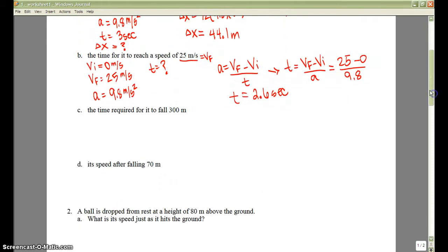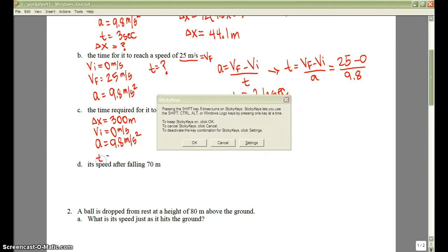For part C, we want to know how much time is required for it to fall 300 meters. So that 300 meters is our distance, our delta x. We still use the same initial velocity given at the beginning of the problem, 0 meters per second. We still have our acceleration because we're falling down to the ground.